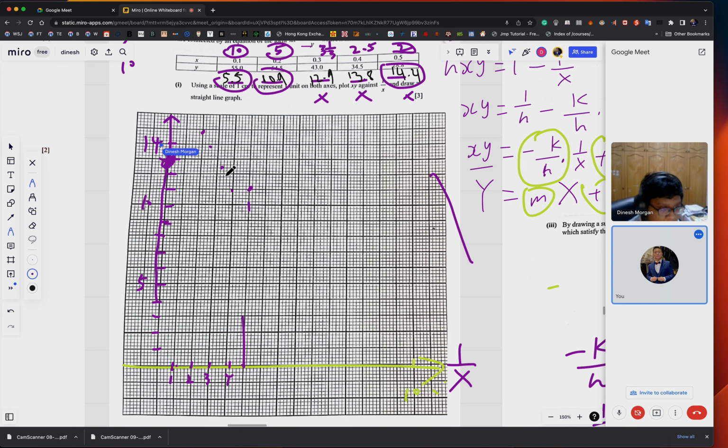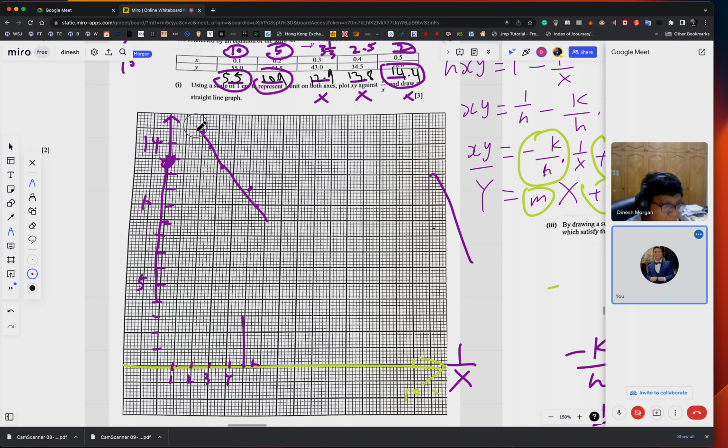So this one, this one, this one, and this one. Then you have the 5.5, this is 5.5. Then you go to 10. So in a way, you just join it, something like this.